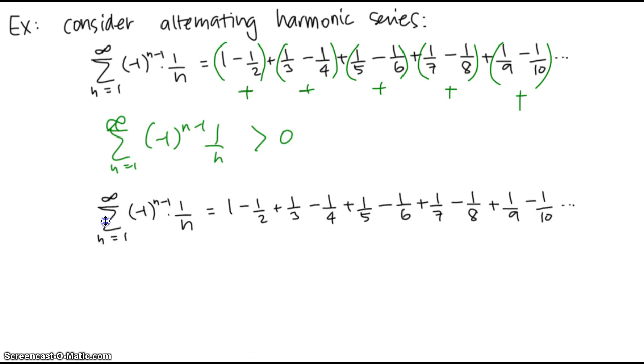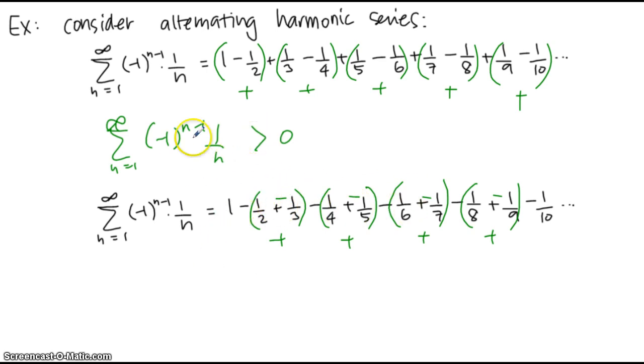If we group it a different way, if we group, say, this way, right, and I factor out the negative, do you see how this 1/2 minus 1/3 is also positive, positive, positive, positive? So I am going to be subtracting a positive number from 1 every single time.